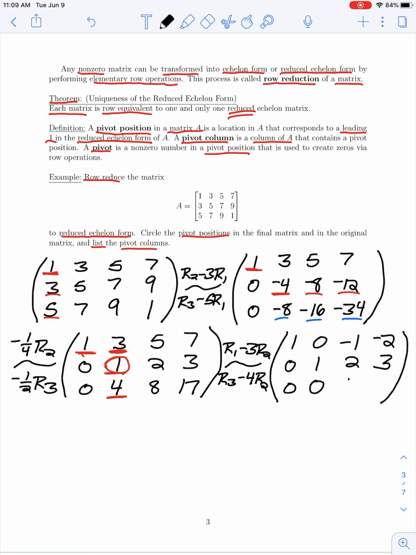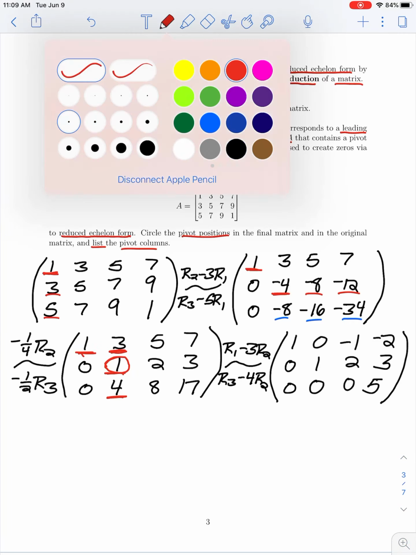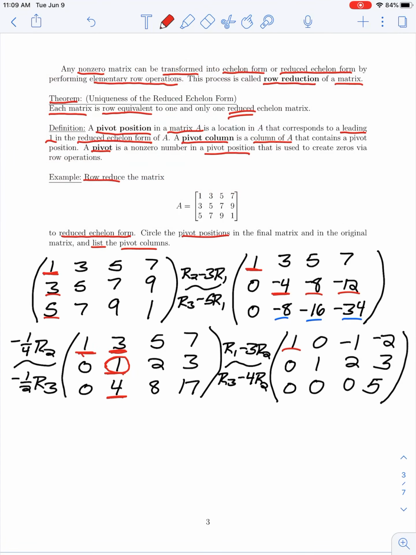We have -8 plus 8 gives me 0. And in our last column, we have -12 plus 17 leaves me with a 5. So now for my first 2 rows, I have a leading entry of 1, and I've got zeros above and below that leading entry for each of those first 2 rows.